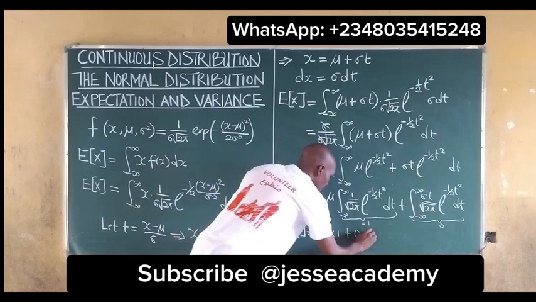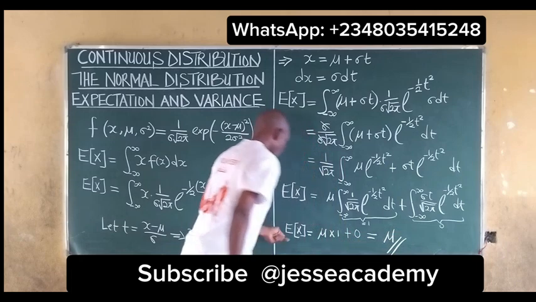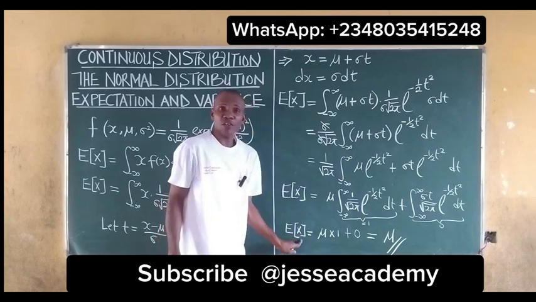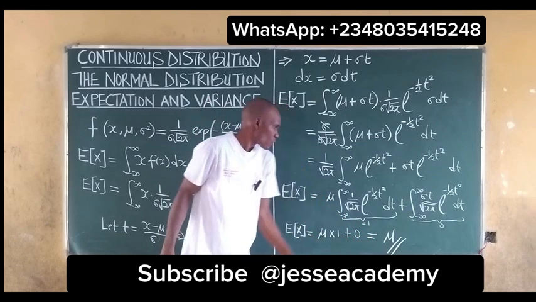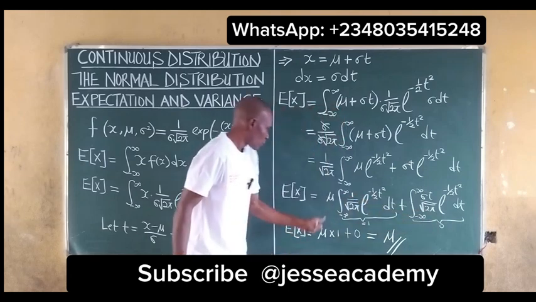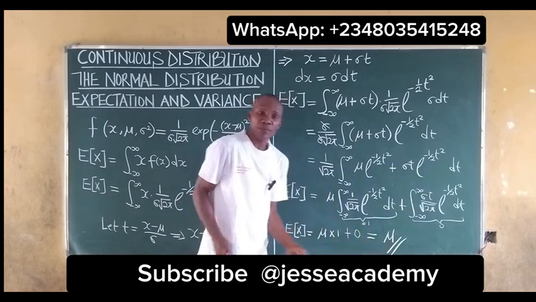It then means that mu is our expected value of x. So we have our expected value of x here to be mu, because this is 1, this is 0. So mu multiplied by 1 plus 0 is equal to mu.